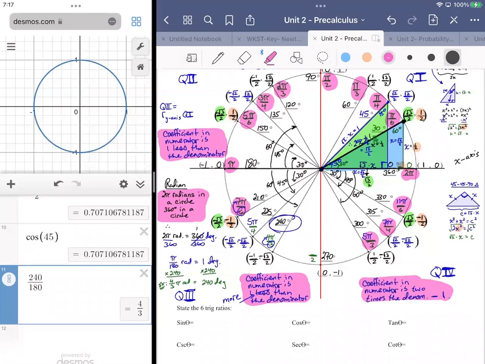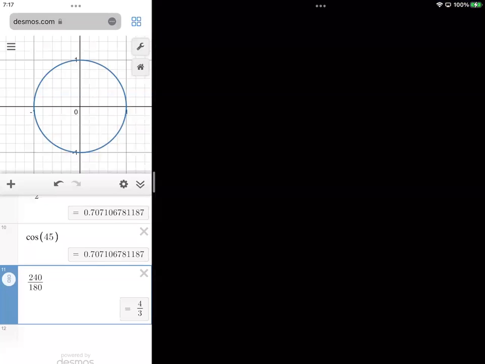For example, 5 pi over 3, that's 300. 300 is 10 times 30. So 10 times pi over 6. 10 over 6 reduces down to 5 over 3. All right. So that's the whole unit circle.